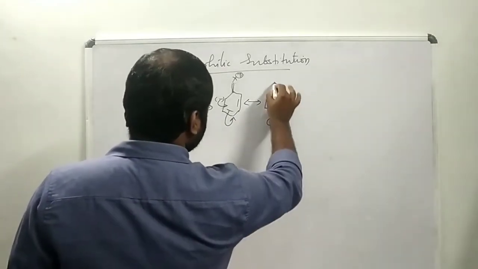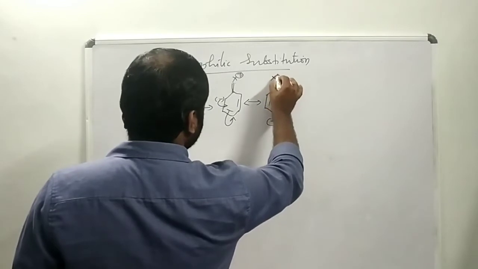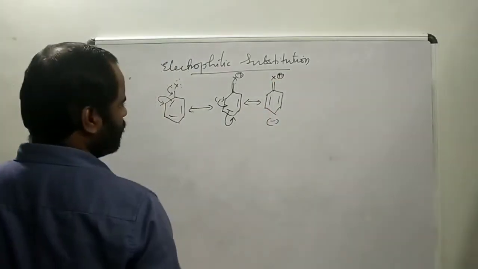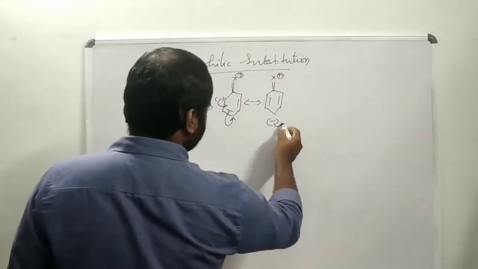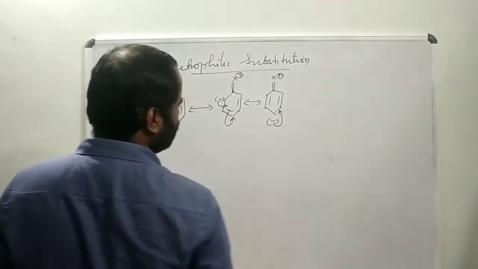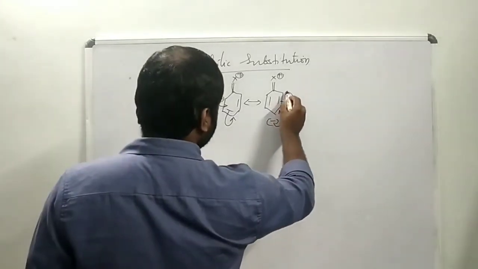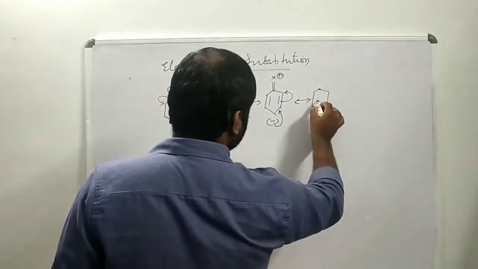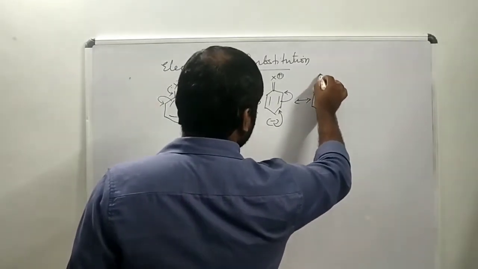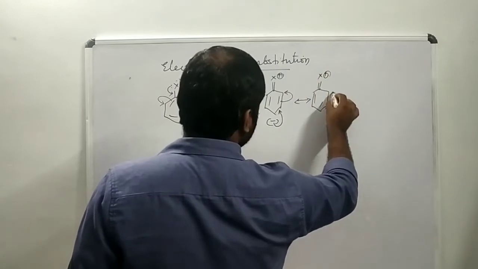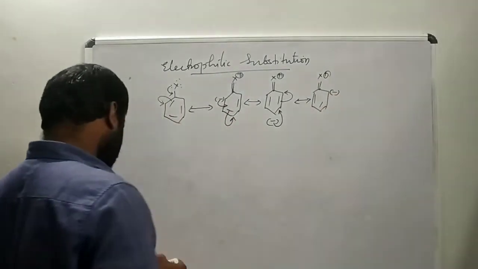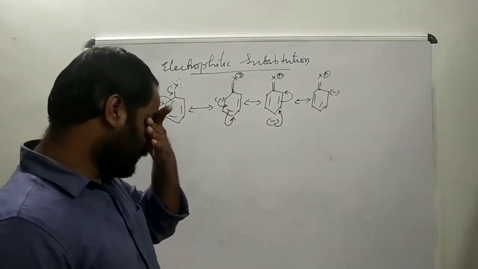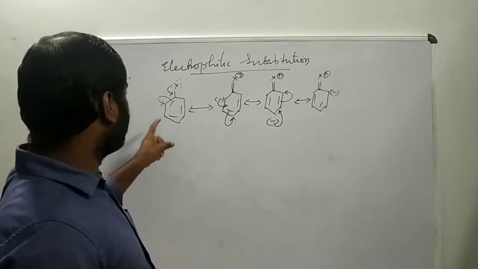Negative charge here and X is positive always. In the next structure, this electron pair is shifted to this position and this bond is shifted to this carbon and you get the next structure like this. There is a negative charge here. So this is the resonance structure of haloarene.